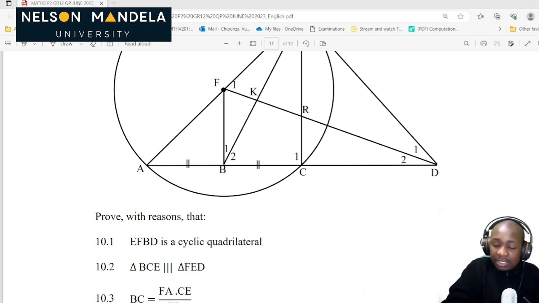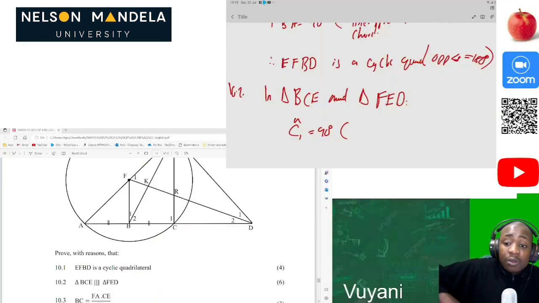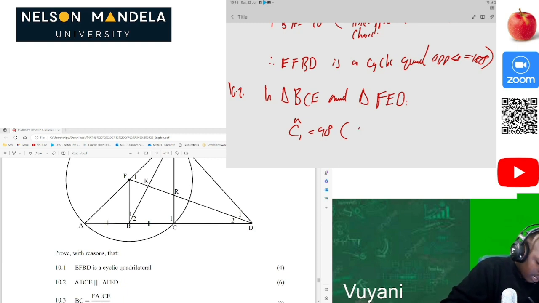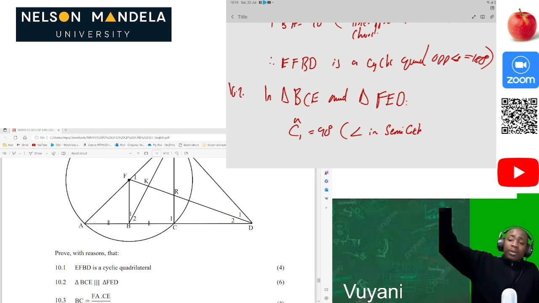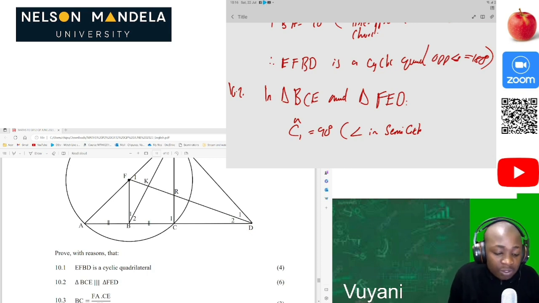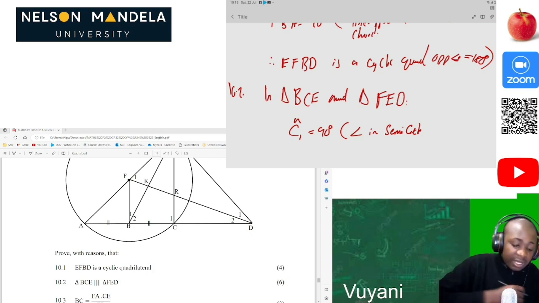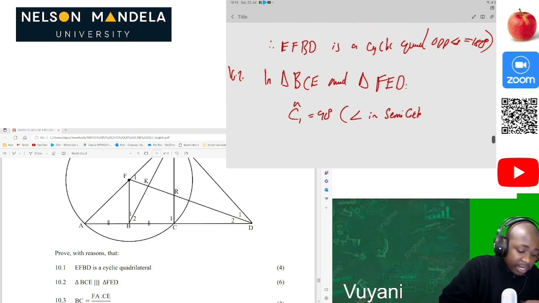Because it is an angle in a semicircle. Bear in mind that AFE is already a diameter, because it comes from the circumference, passes through the center and goes to the other point on the circumference. So that gives us the right to say this is an angle in a semicircle.